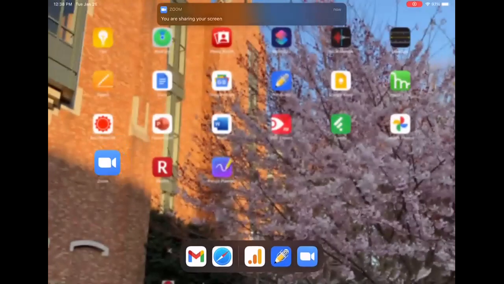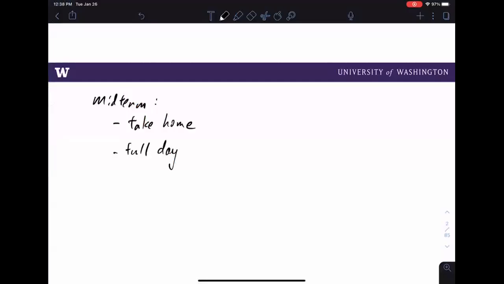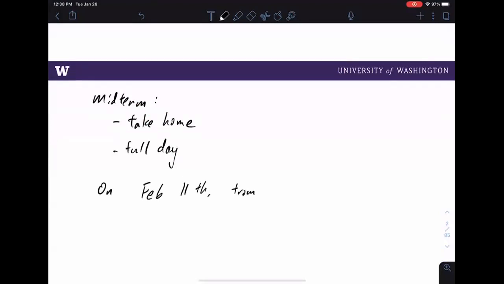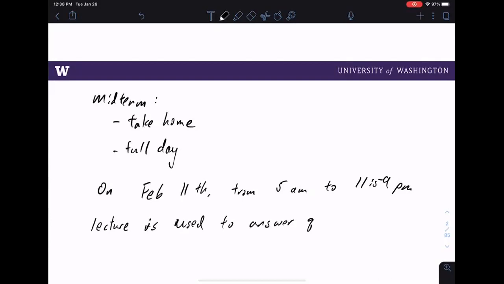Okay, so if no concerns about this, we'll have it on February 11th, let's say from 5 a.m. to 11:59 p.m. The lecture is used to answer questions.